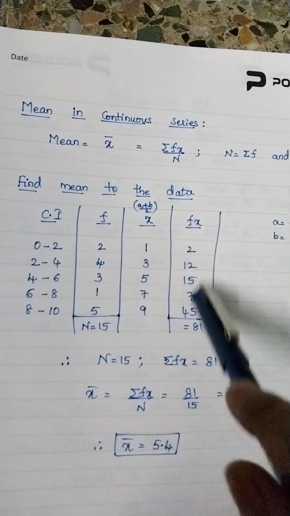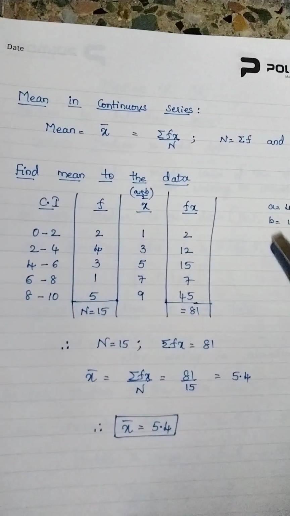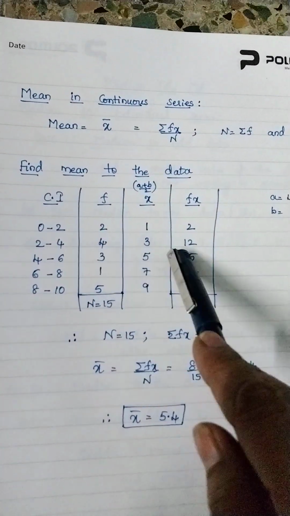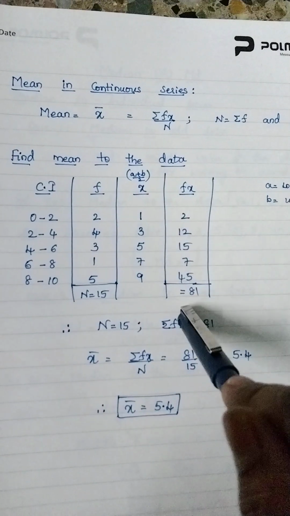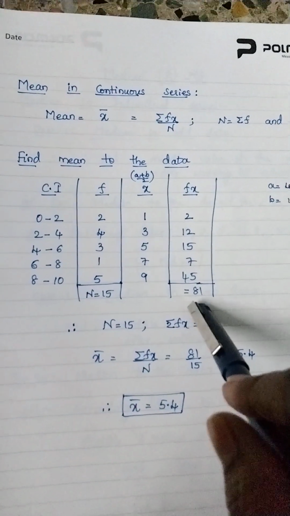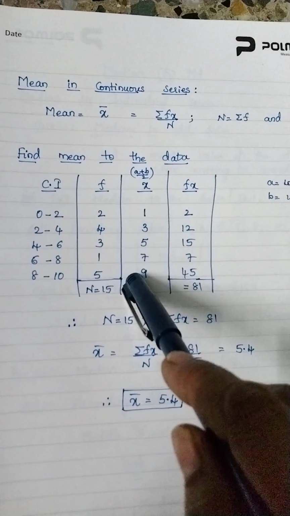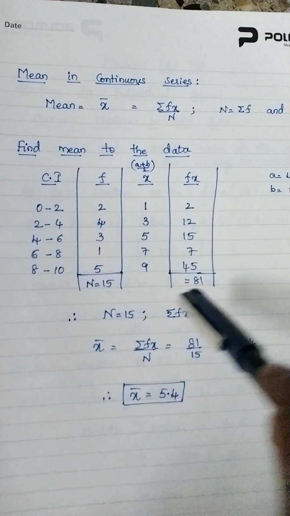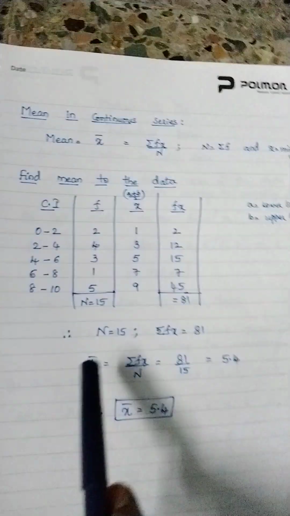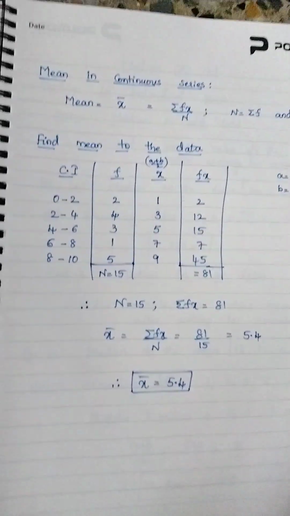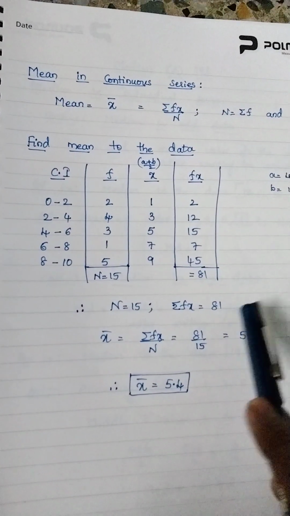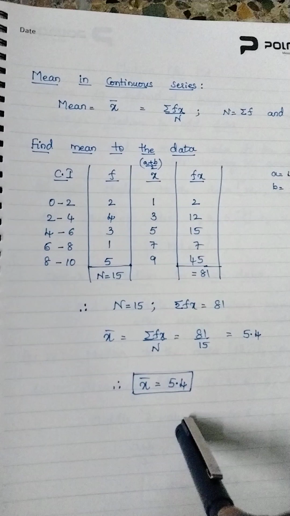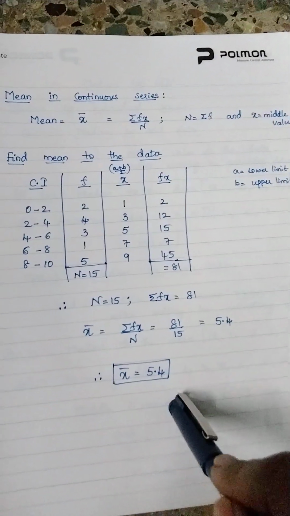So here the sum of fx. In the same way you find f into x, and you find the sum of fx. Capital N is equal to the sum of the frequencies. You have written N and summation fx. So x bar is equal to summation fx by capital N, where you got the value of x bar as 5.4.